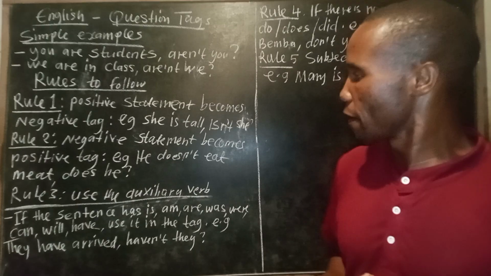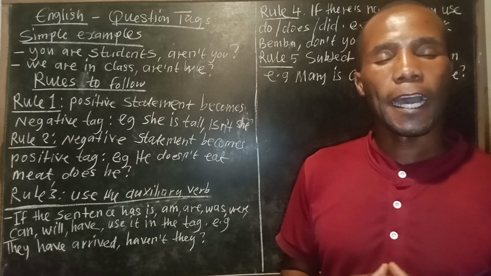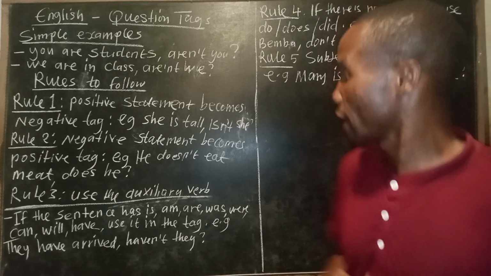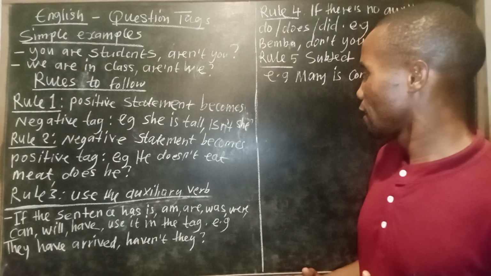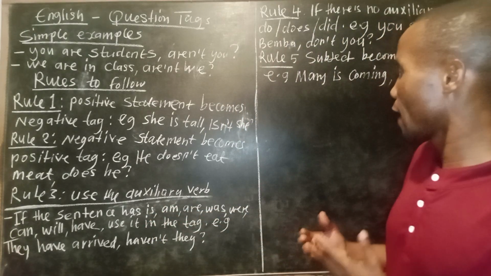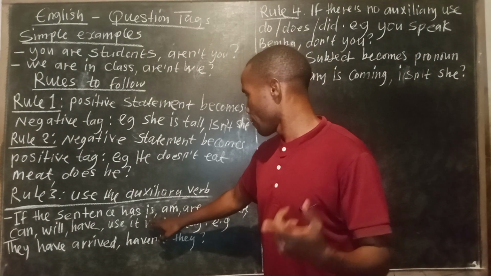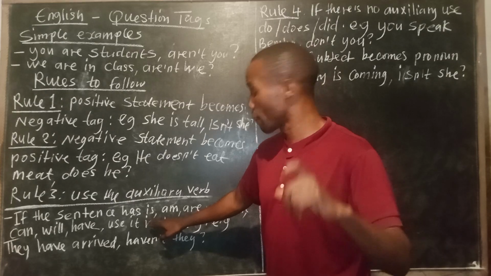That is the auxiliary verb. So here, when we are dealing with question tags, we are supposed to be using the auxiliary verb. So if the sentence has is, this is the auxiliary verb we are talking about. Is is one of the auxiliary verbs, which are helping verbs.